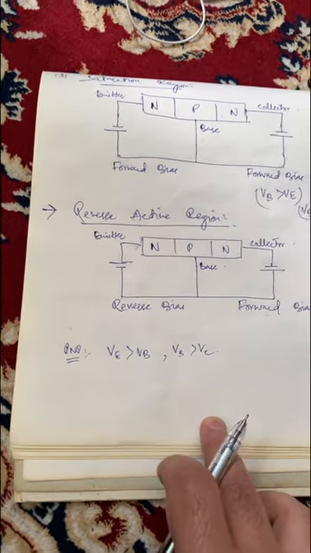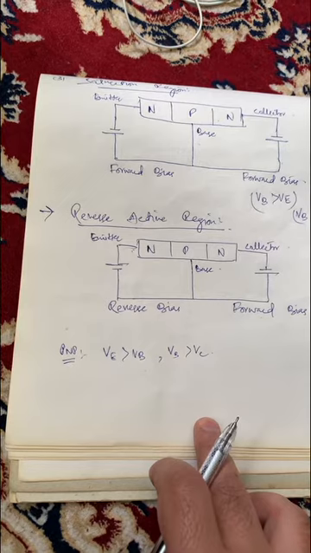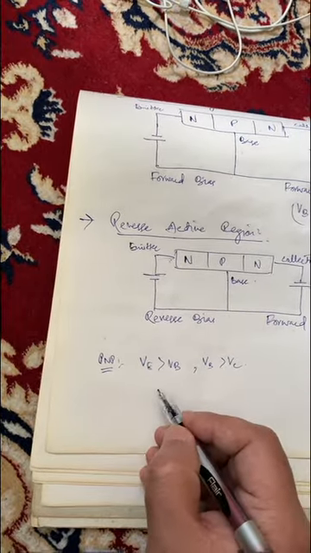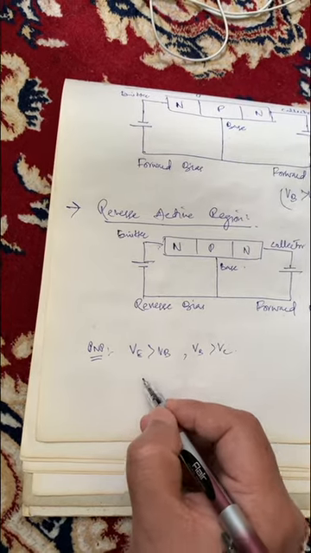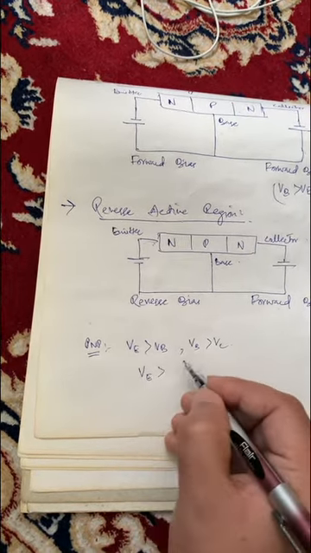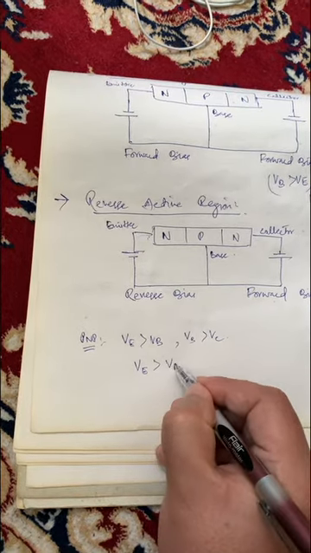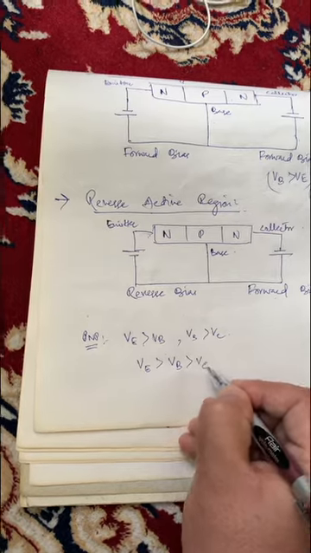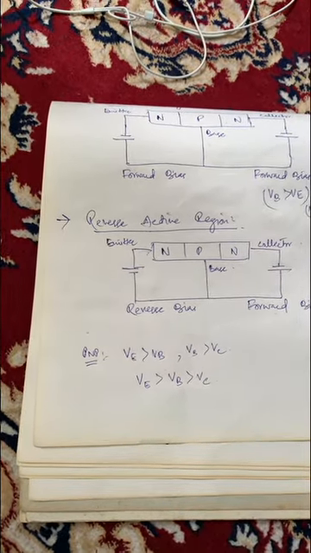So what is the condition that I have to satisfy? The condition which must be satisfied is that VE, the emitter voltage, should be greater than base voltage and base voltage should be greater than collector voltage. Okay.